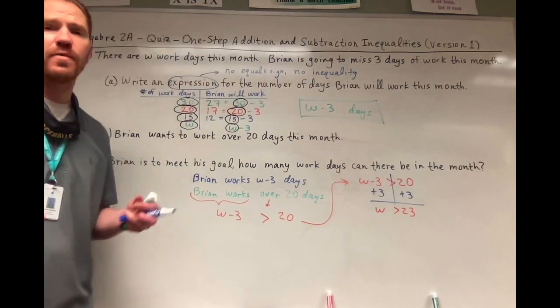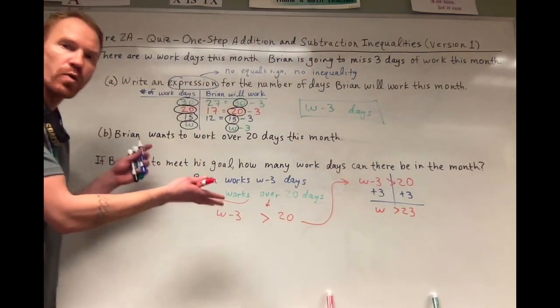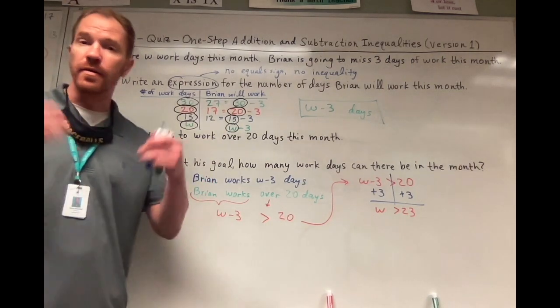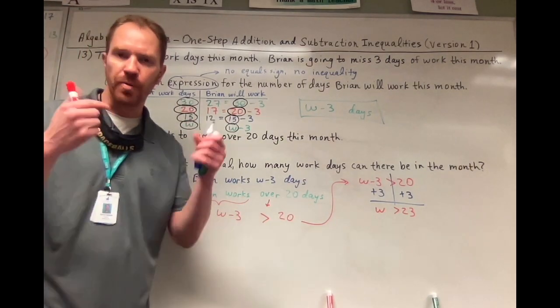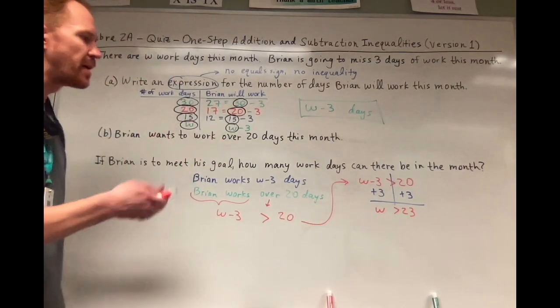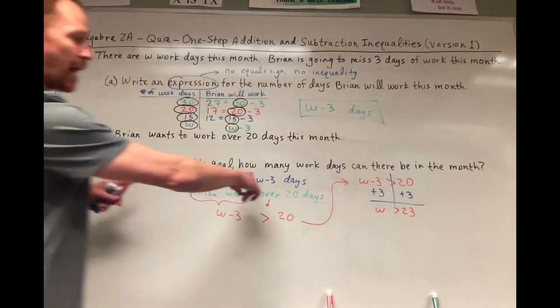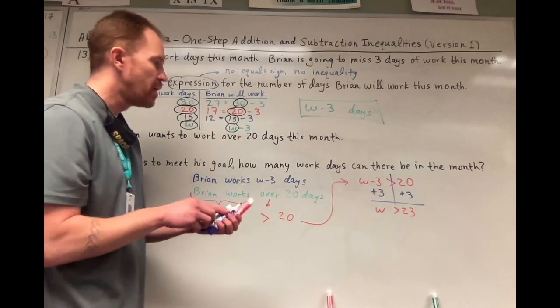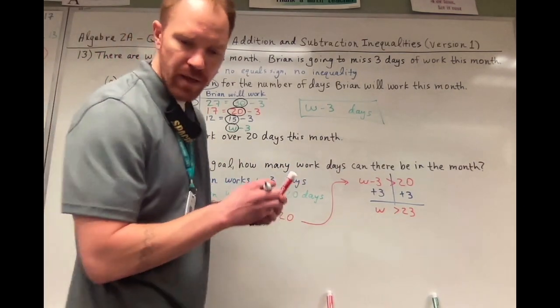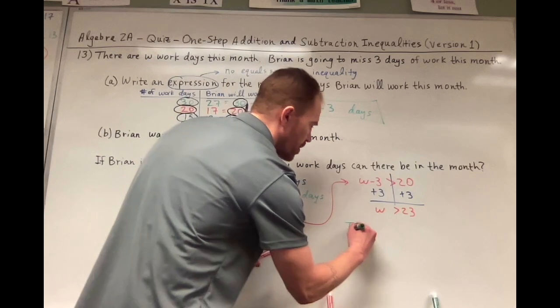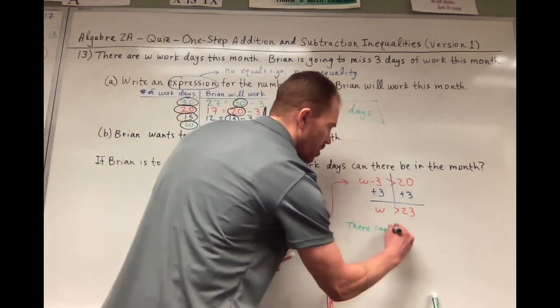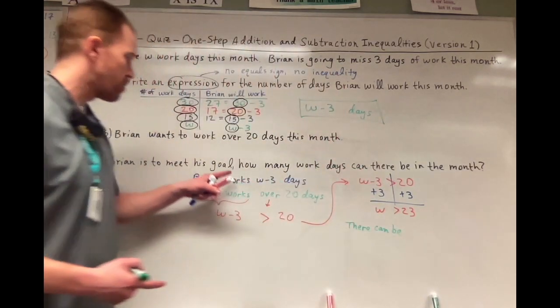Now the only thing I would do here, because it's from a story, I would give my answer as a sentence. I would put it back into the story basically. So I would just say here, the question was how many work days can there be in the month? So then I would just say there can be, and I would use their word from the question.